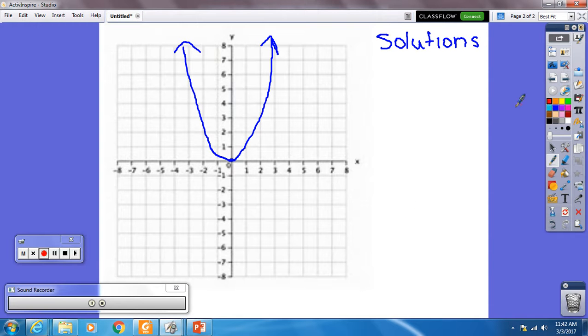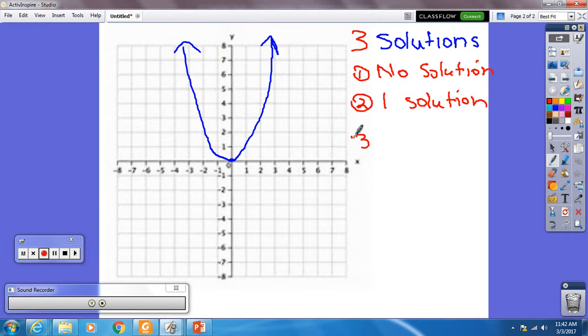Quadratics have 3 different types of solutions. Number 1, it's either going to have no solution, it's either going to have one solution, or it's going to have 2 solutions.